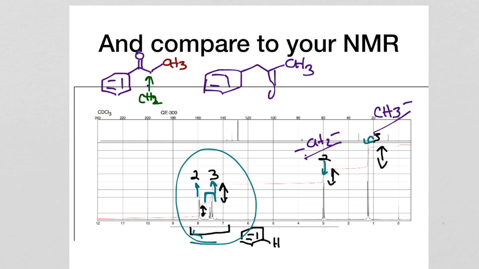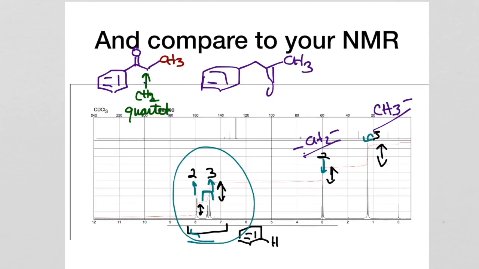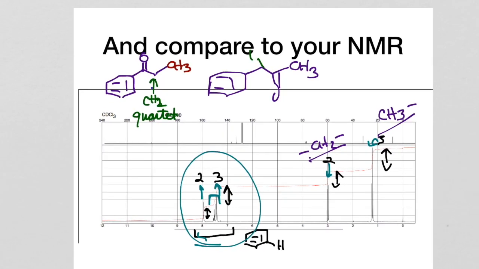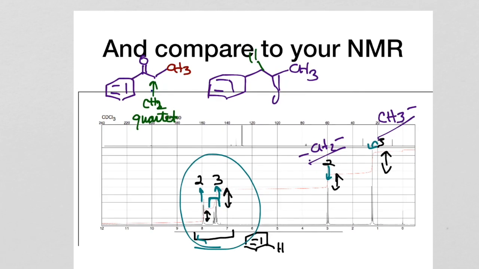So I would expect this CH2 group to be a quartet because it is next to a CH3. If I look at this molecule, this CH2 group is next to 2 quaternary carbons. Neither of these carbons has any hydrogens on it, so I would expect this to be a singlet. My 2 hydrogen peak would be a singlet if it was this molecule.